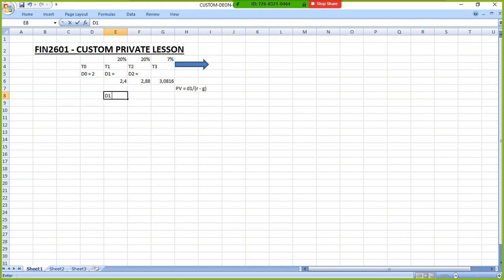So div 1 would equal div 0 plus brackets div 0 times 20%, 0.20, close brackets. So you would have done it like this, equals 2 plus brackets 2 times 0.2 close brackets. Then you would have had div 1 equals 2 plus 0.40. You get the same thing. Okay.